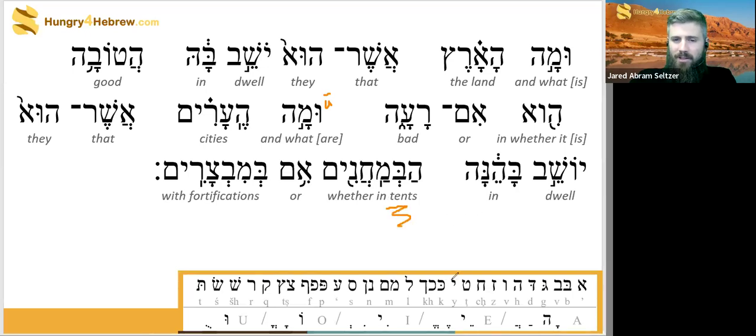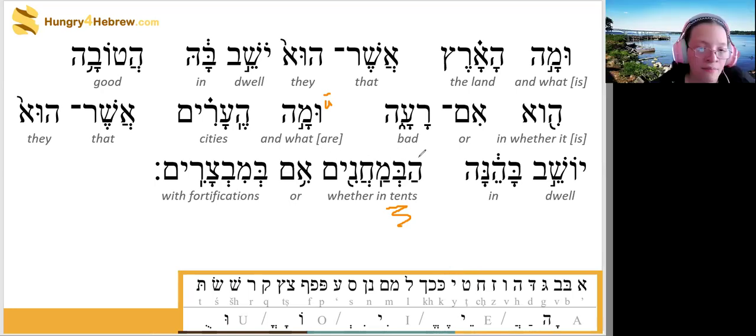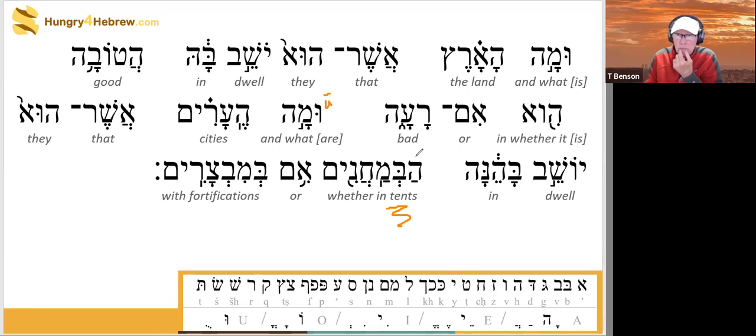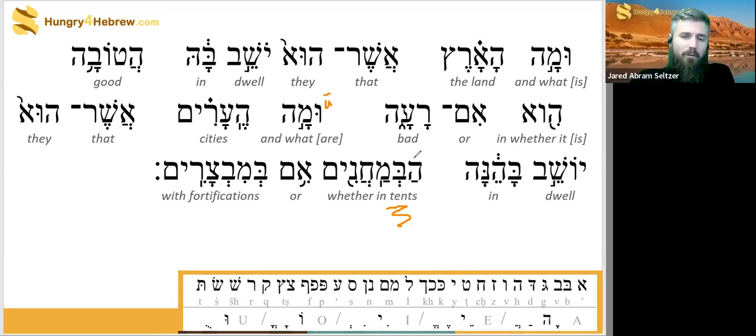It's interesting that it says "in tense." What's the root of this word right here? Habamachanim. Mem, het, nun. Machane is camp. Camp, yes. So what's the root of machane?